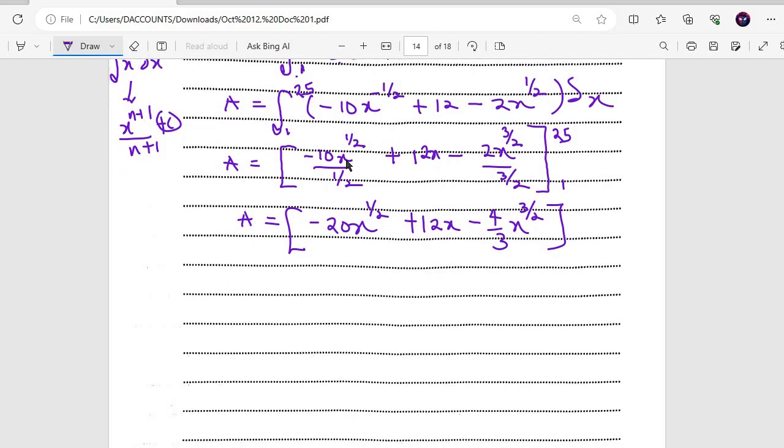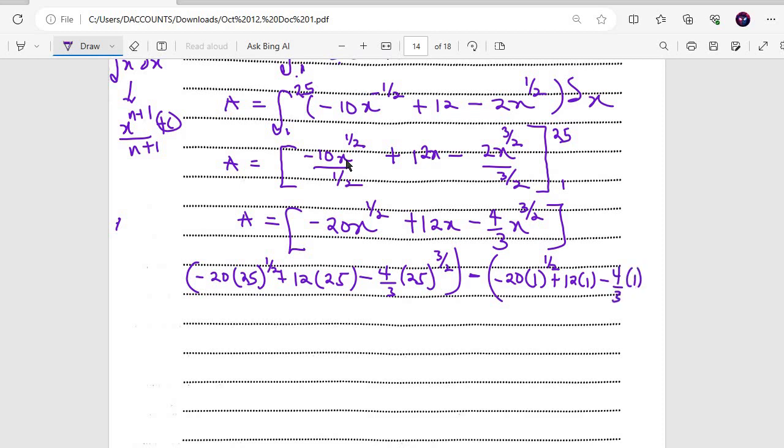When subtracting, you're going to do when it's 25. When x is 25, that's minus 20 times 25 raised to the power half plus 12 times 25 minus 4 over 3, 25 raised to the power 3 over 2. Subtract it from when it's 1, minus 20 times 1 raised to the power half, plus 12 times 1, minus 4 over 3, 1 raised to the power 3 over 2.